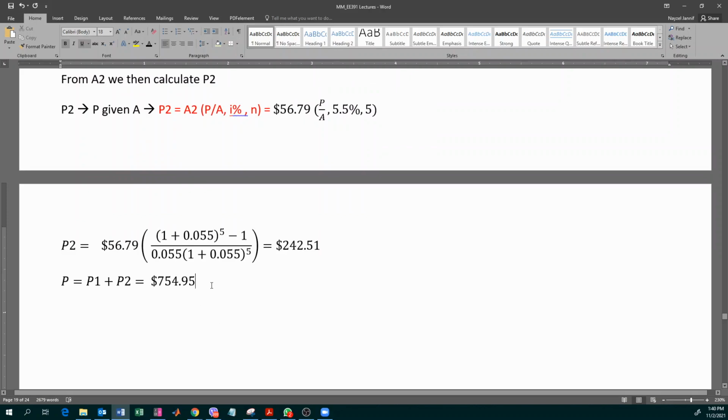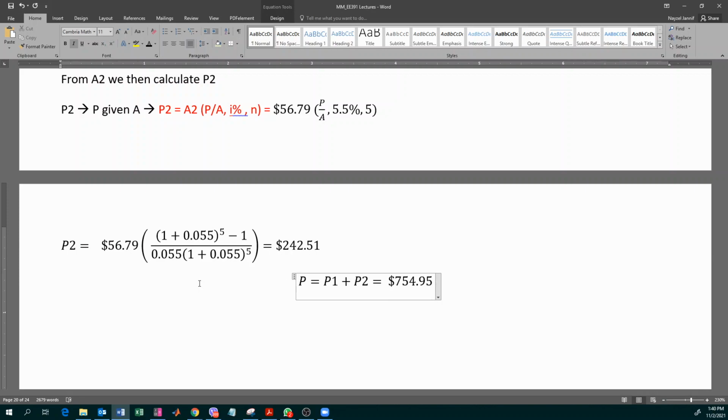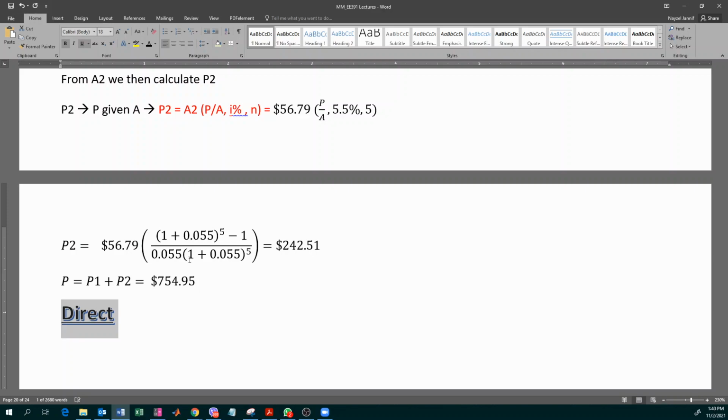Now, as an alternative way, if we wish to directly calculate the P2 using P given G, what answer do we get, guys?